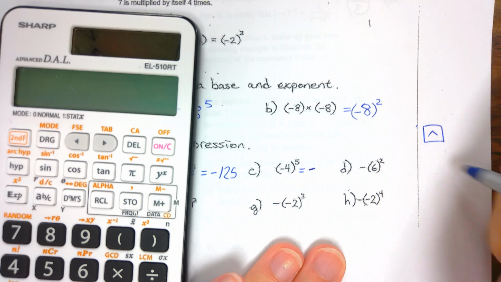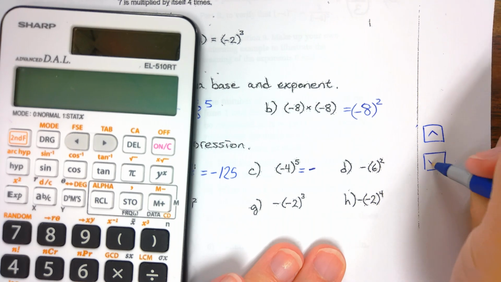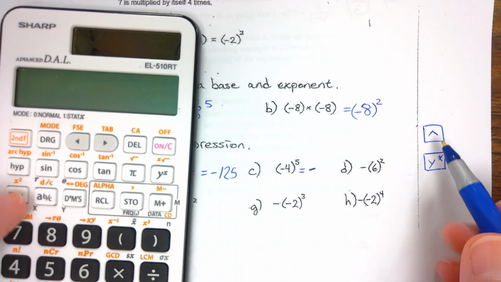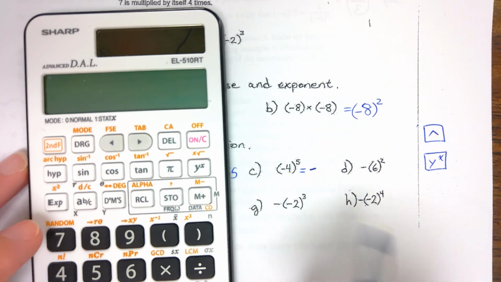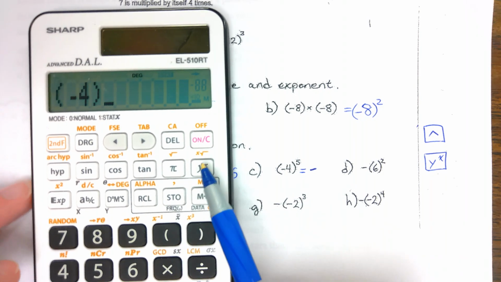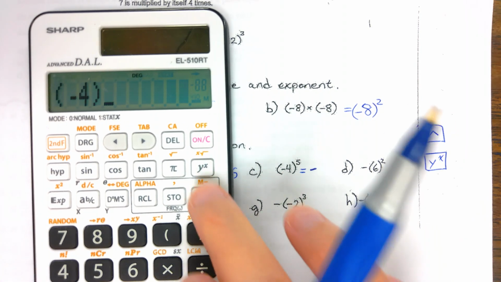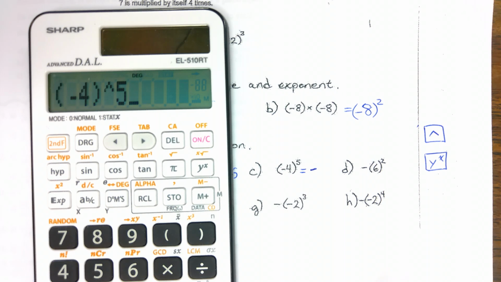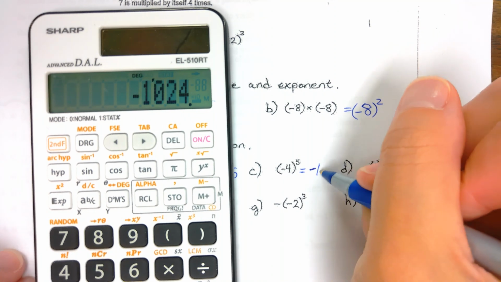It's either a hat like this or a button like this. This is your exponent button. For example here, I would do bracket negative 4, close the bracket, and then press this to the exponent 5. And then I get negative 1024.